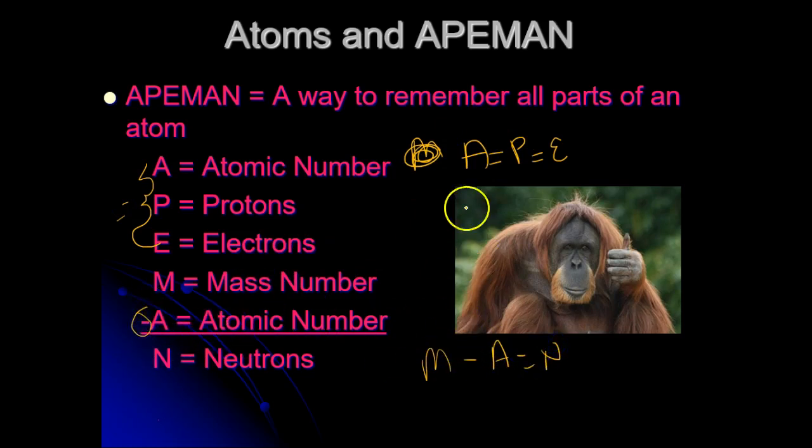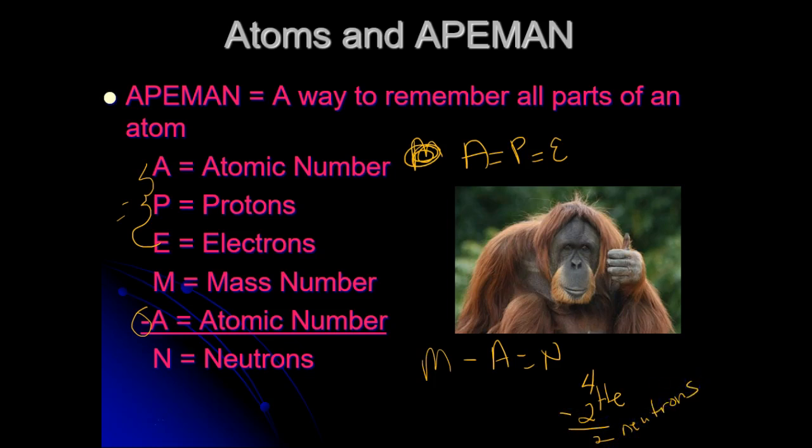Your mass number minus your atomic number gives you your N. So let's do helium, 4/2 helium. If this was your nuclear symbol, then all you have to do is subtract these and you get your neutrons.